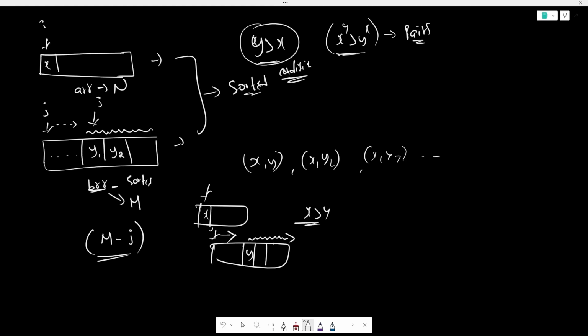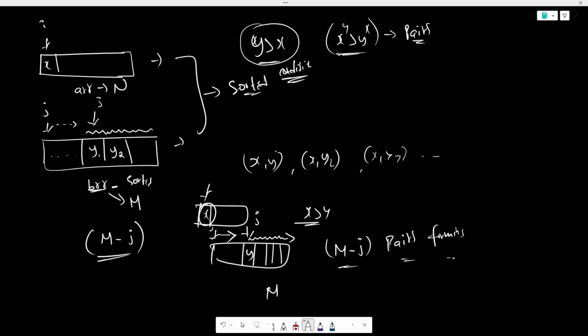So every element will form a pair with x. So what I can tell is that if this count is m and this index is j, then for this particular element x, there are m minus j pairs forming.